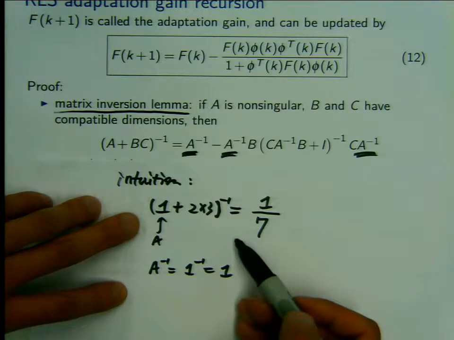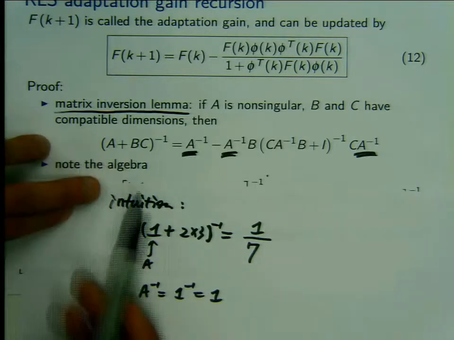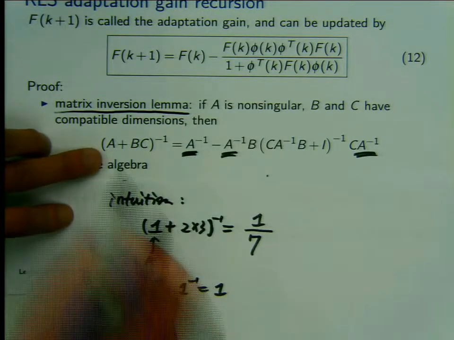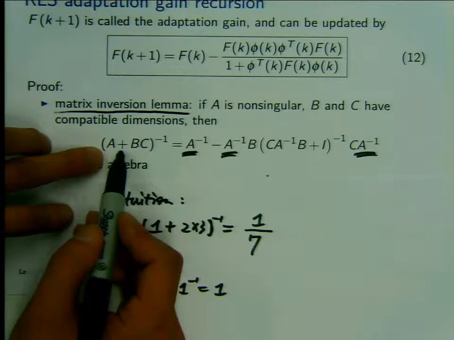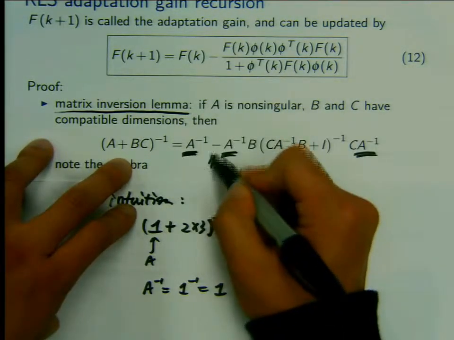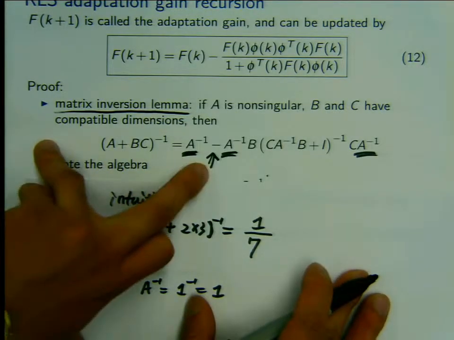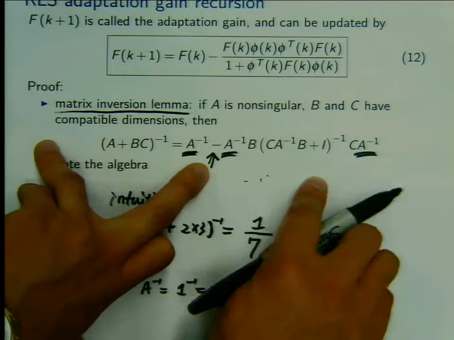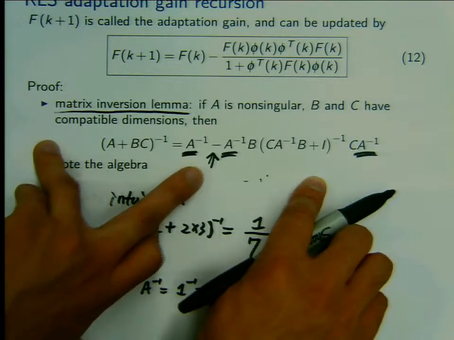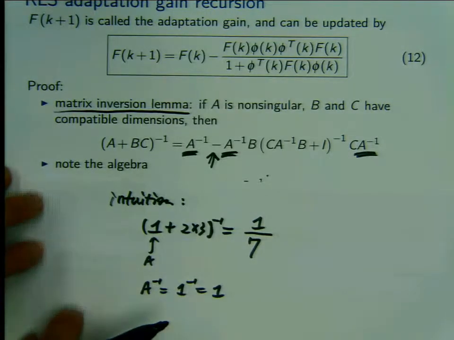Right? So very similarly, for the matrix version, if you are increasing from A to A plus BC, then the inverse is going to decrease. Okay? It's going to be A inverse minus something. This is roughly an intuition of this matrix inversion lemma.